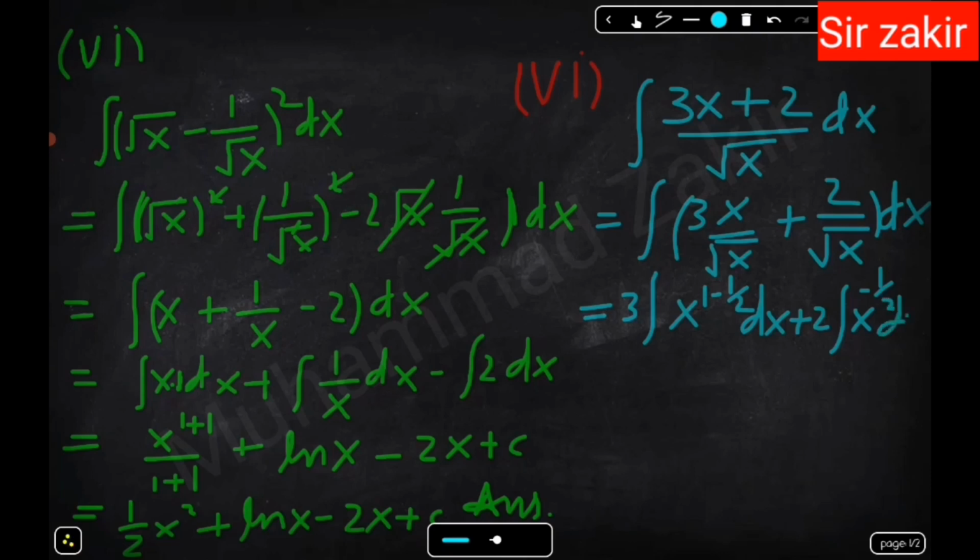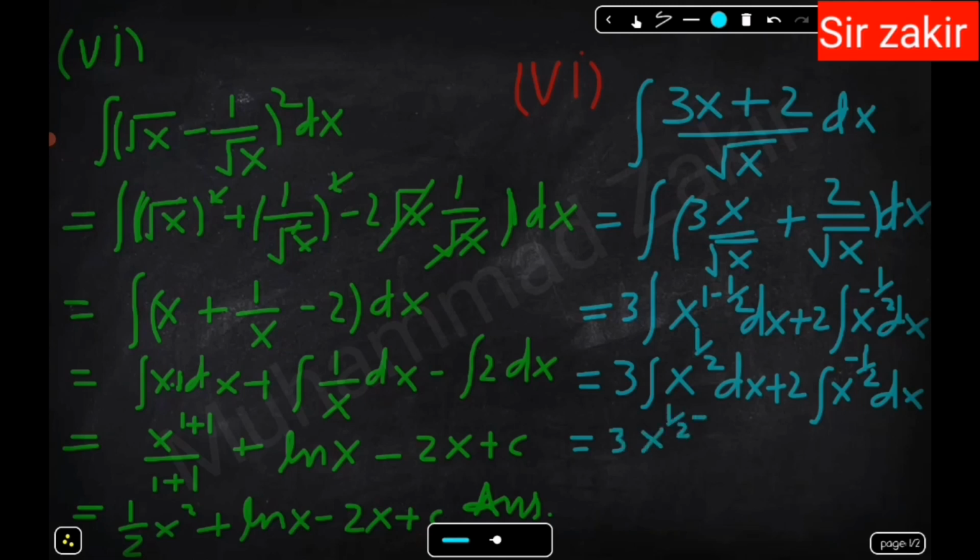Then we evaluate: 3 integration x power 1 by 2 dx plus 2 integration x power minus 1 by 2 dx. Now we increase the power again in the same pattern as in previous parts. We increase the power of x by 1 and divide by that value, plus 2 times. Here when the power of x is added it becomes 3 by 2.